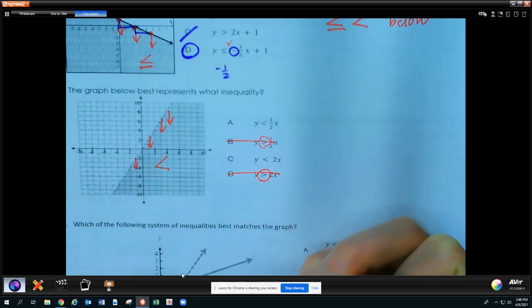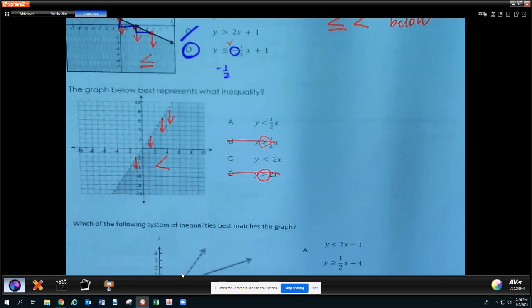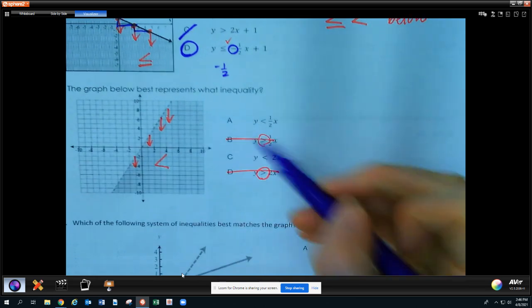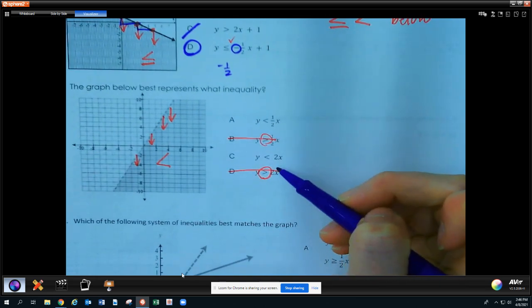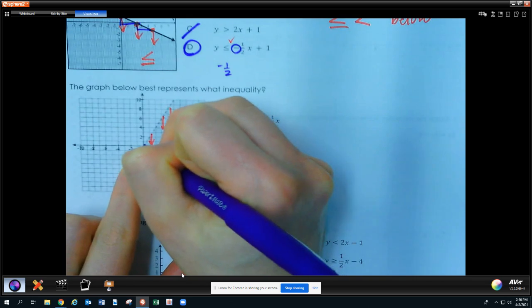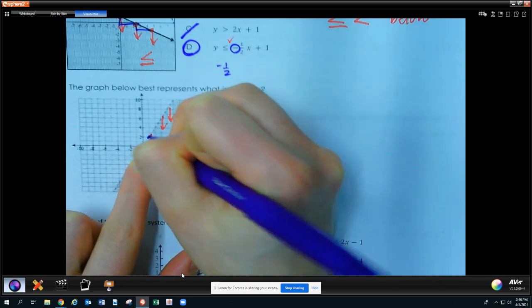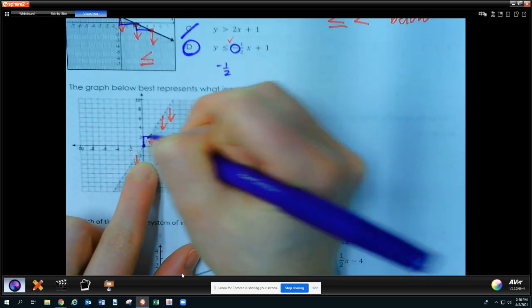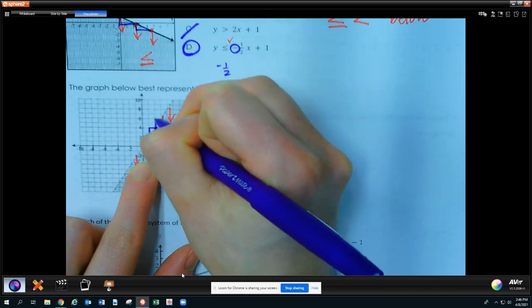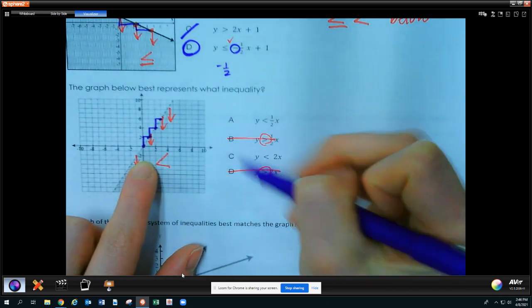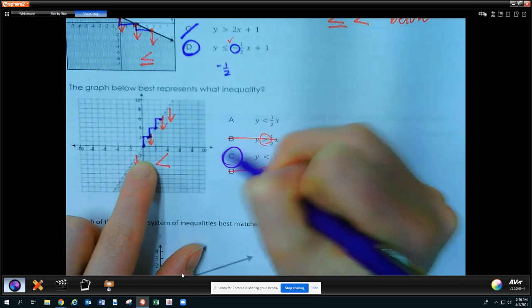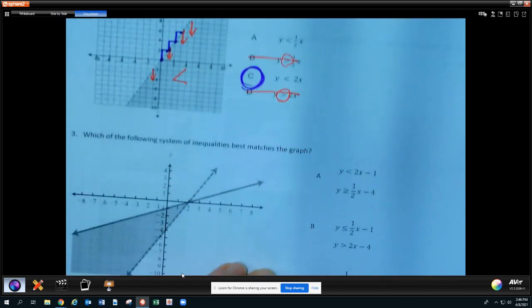We want below. So now we just need to figure out, do we have a slope of 1/2 x or a slope of 2x? And so starting at 0, we went up 2 over 1, up 2 over 1, up 2 over 1. So that is the slope of 2. So C would be our answer.